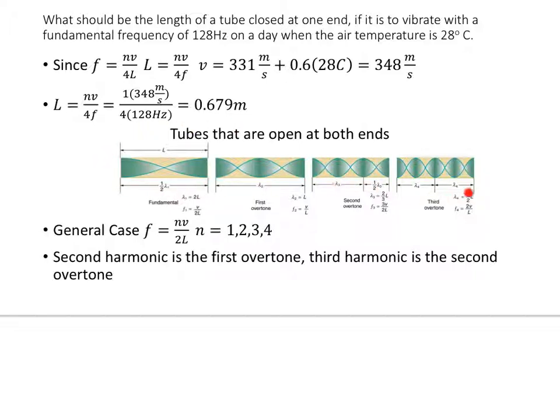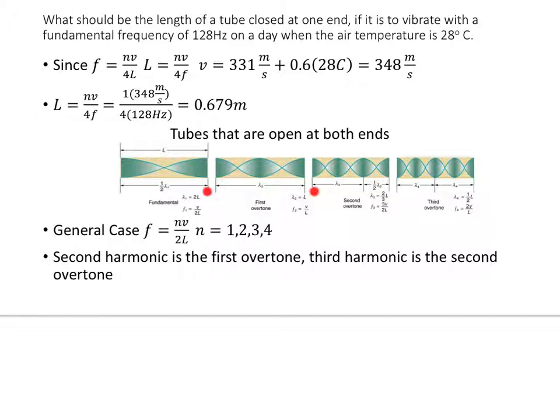Okay, now the last case is that it's also possible to have a vibrating air column when both ends of the tube are open. If both ends are open, then we would have to have an antinode on both ends. So this is the first possible configuration, where the length of the air column is actually 1/2 of a wavelength.